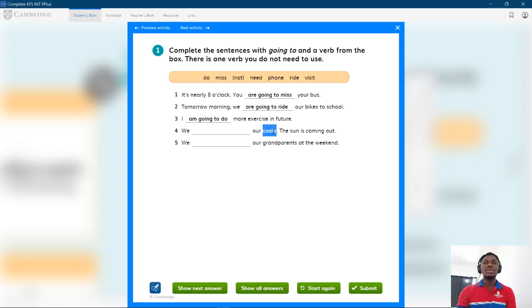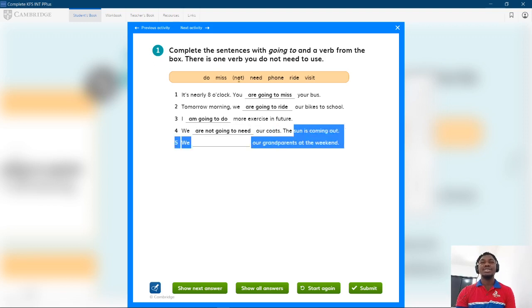Oh, sorry. We are not going to need our coats. It is not necessary. It is not important. We are not going to need our coats because the sun is coming out. So you can see, not need.